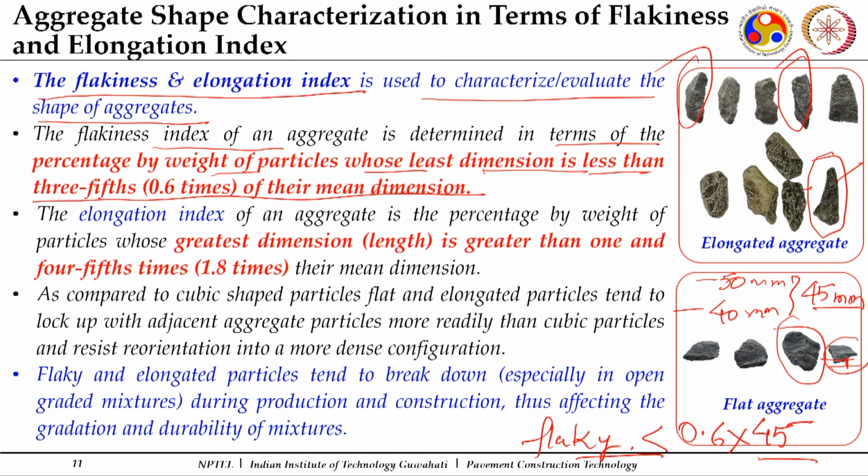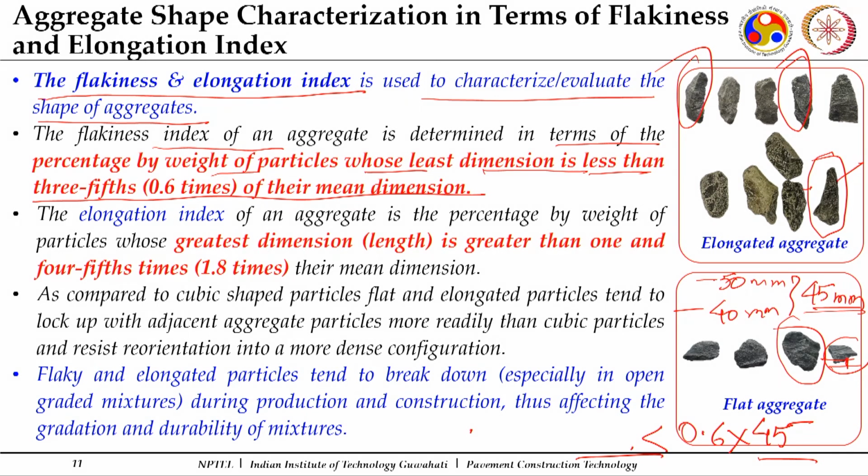It may be, say, 12.5 mm passing and 10 mm retained, or 20 mm passing and 15 mm retained, so 17.5 is my mean dimension. These are random sieves; there are standard sieves for this analysis. Now, let me say I have the same particle passing through 50 mm and retained on 40 mm. So, its mean dimension is 45.